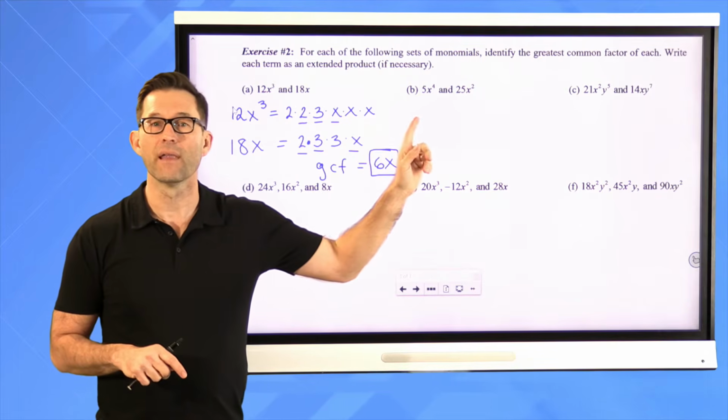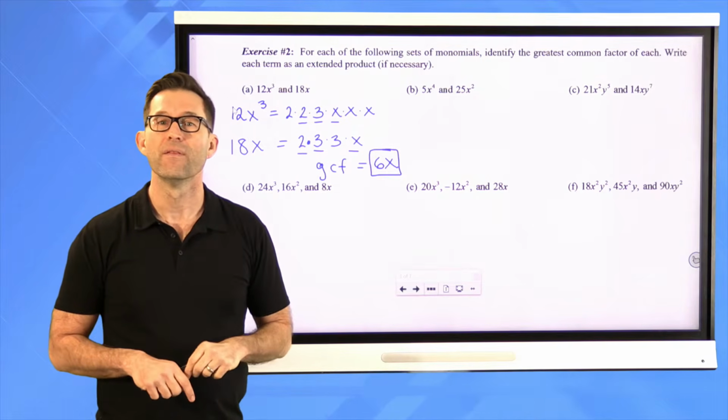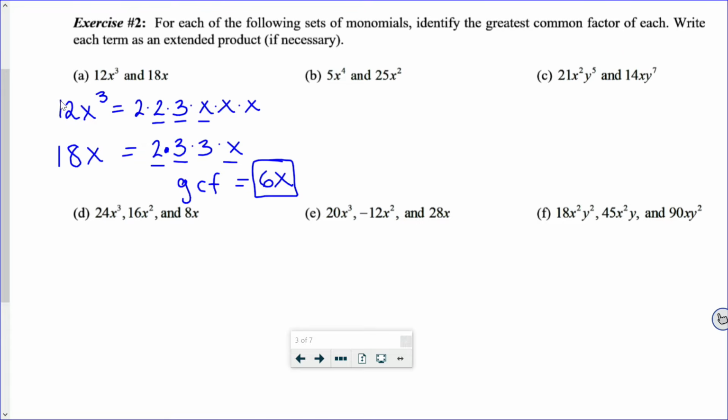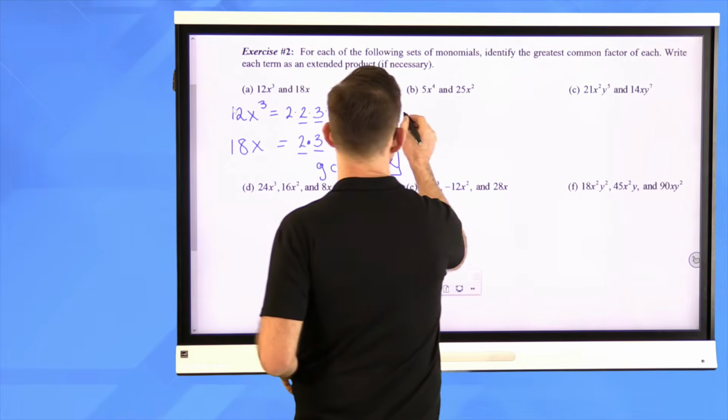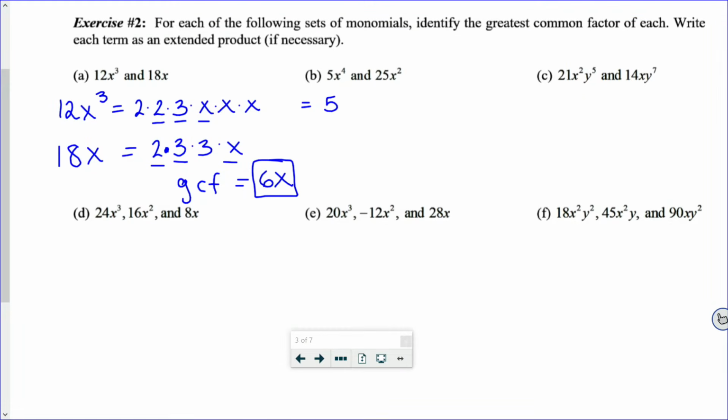Let's take a look at letter B and do that one together. For letter B, we have 5x to the fourth and 25x squared. All right. Well, 5x to the fourth, that one's easy, right? 5x to the fourth is 5x, x, x, and x. And 25x squared, don't want you to think they're the same, is 5 times 5 times x times x.